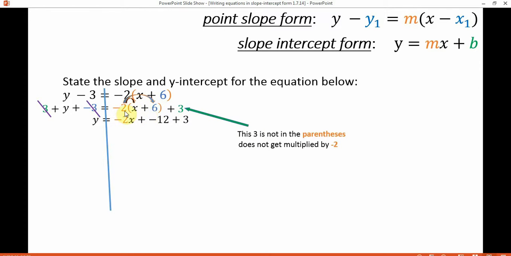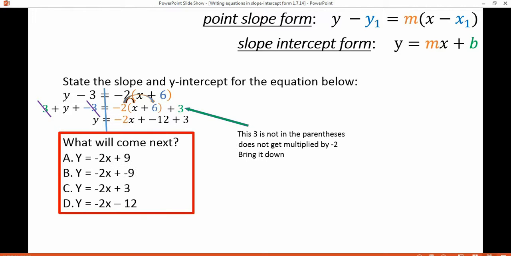So we're not going to multiply. That -2 can only multiply by the stuff that's in the parentheses that it's right next to. That indicates there's a hidden multiplication sign there, and it means that it multiplies everything in the parentheses. This isn't in the parentheses, so it doesn't get multiplied by the -2. It just gets carried down.